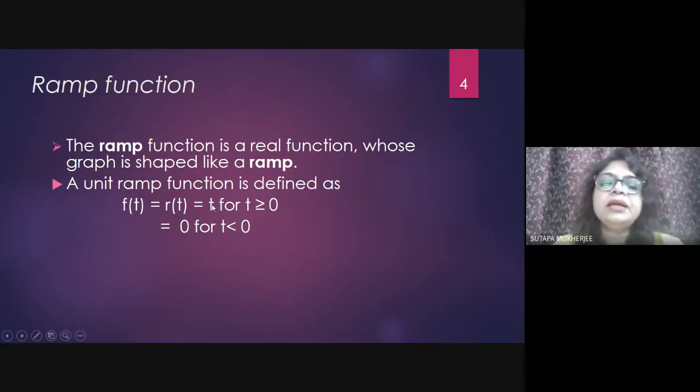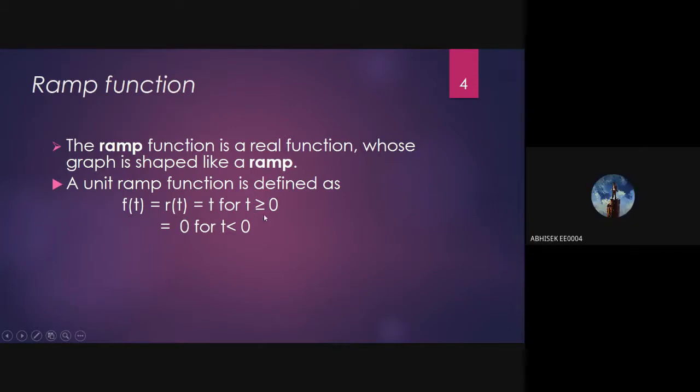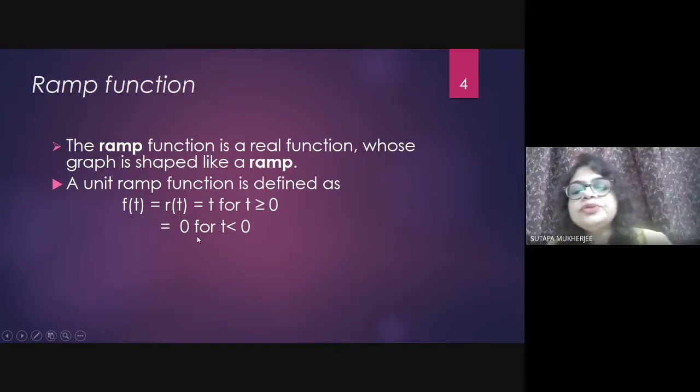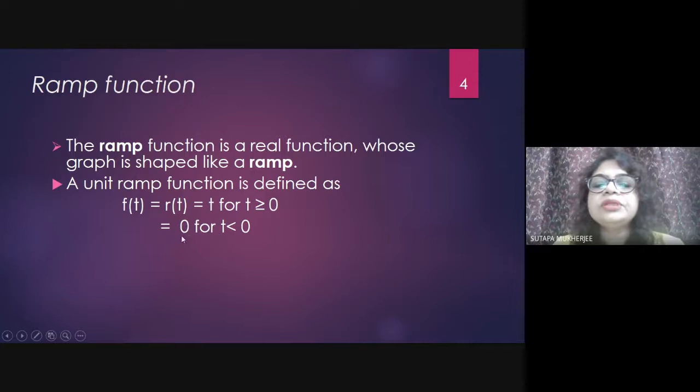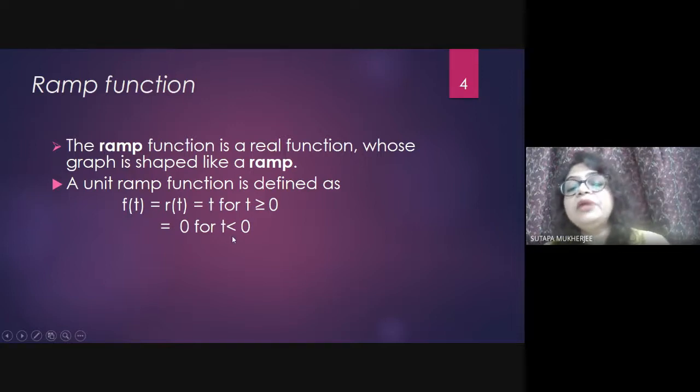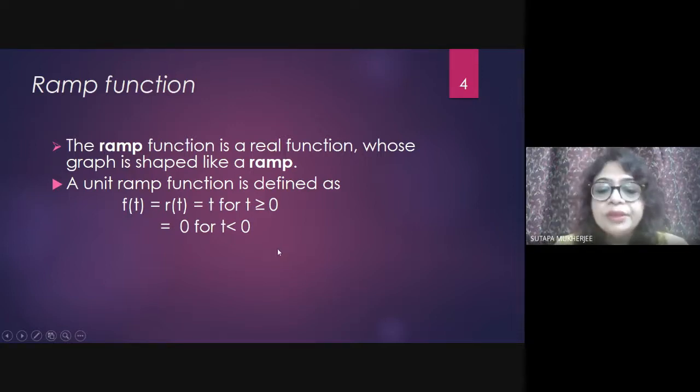If it is t, then what is the slope? The slope is unit slope, m is equal to 1, for t greater than or equal to 0. And for t less than 0, the value will be 0. So using this equation, if you want to plot the function, what will be the nature of the curve?